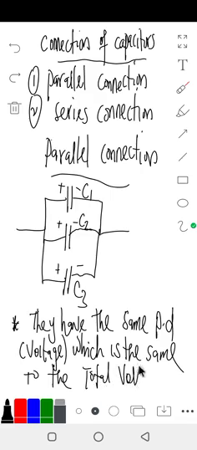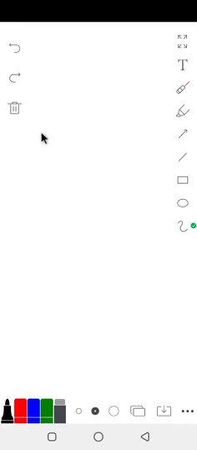If the total volt, for example, is 25 volt, that means the volt of C3 will also be 25. The volt of C2 will also be 25. The potential difference of C1 will also be 25. And the total volt will also be 25. But take note of this. They don't have the same current.